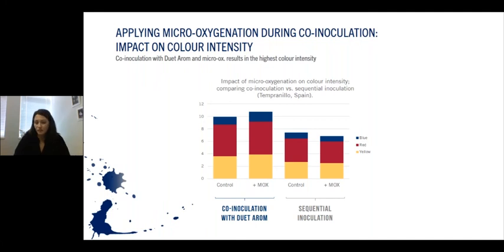As you can see, first, by just comparing co-inoculation with sequential, you actually have a higher total color intensity with co-inoculation. Then, when you compare the co-inoculation treatments with and without oxygen, you have the highest total color intensity when you use co-inoculation with the blended culture with microoxygenation.